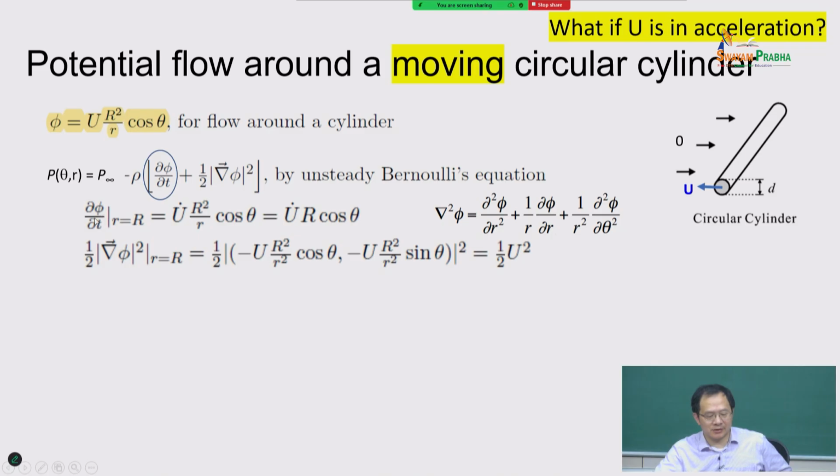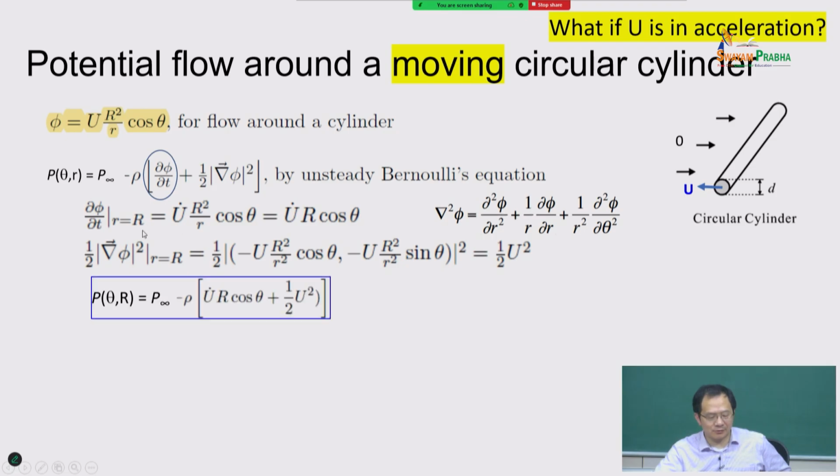Here u is velocity and u dot is acceleration, right? You have the acceleration term, you plug everything into this equation, and you will find that the pressure is now a function of theta and also a function of r on the surface of this cylinder.